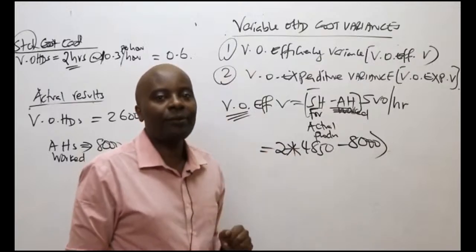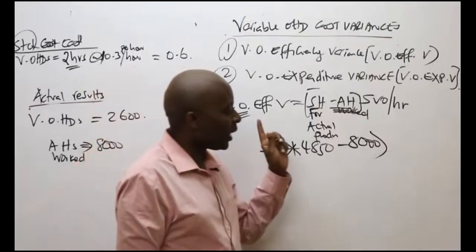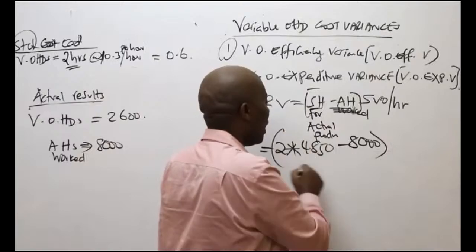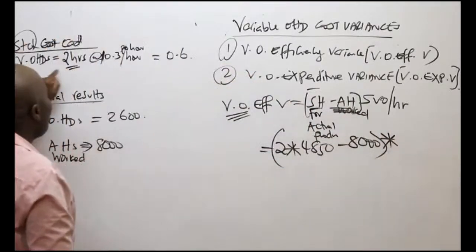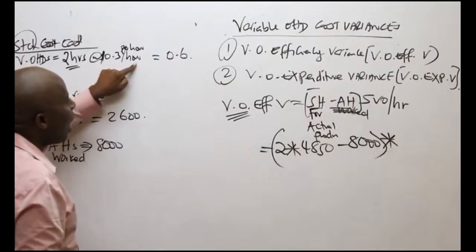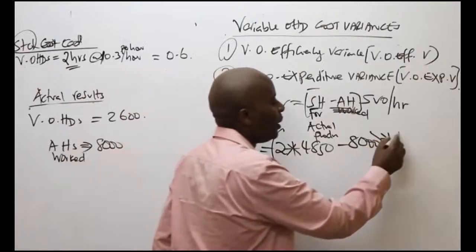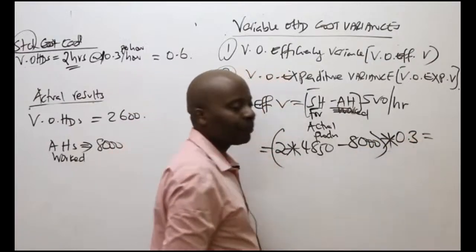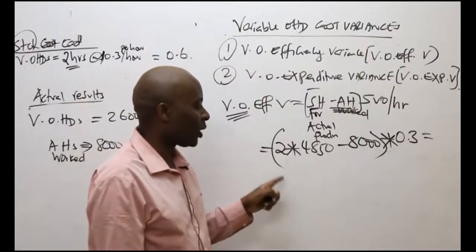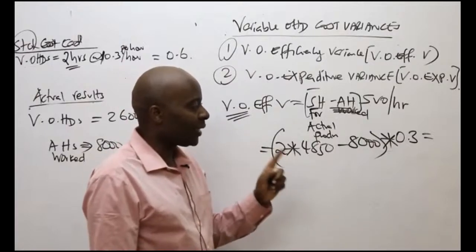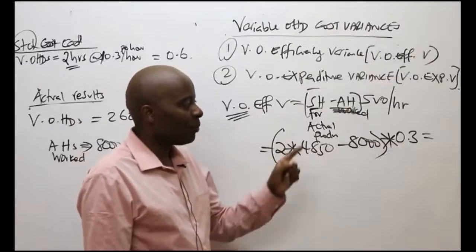So we have here 2 times 4850 minus 8,000, multiplied by the standard variable overheads per hour, which are supposed to be 0.3. So please open brackets: 2 times 4850 minus 8,000, close brackets, times 0.3. Please give me an answer.